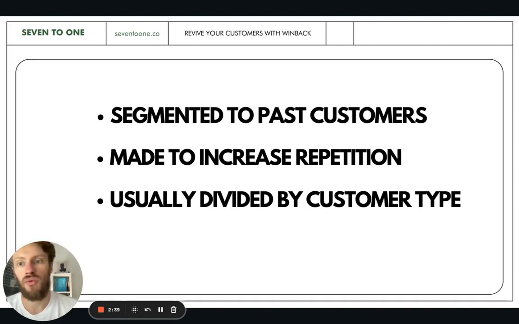It can be divided by people who have bought a certain type of item, so you might want a win-back flow for people who've bought certain categories, then a win-back flow for another category. For the majority of brands, you want to divide only by gender and by first-time and second-or-more-time buyers. So you have 4 flows really: win back women first-time buyers, win back men first-time buyers, win back women repeated buyers, and win back men repeated buyers.